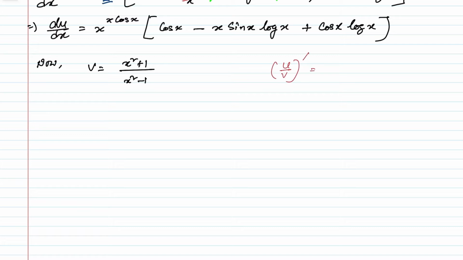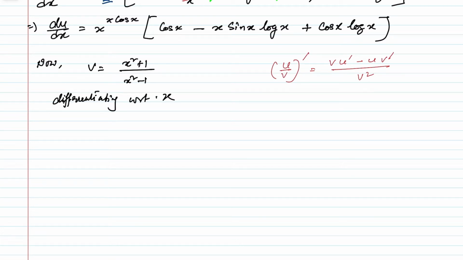Its derivative is given by denominator, derivative of the numerator, minus numerator, that is u, derivative of the denominator, by denominator square, that is v square. So we are going to apply this here. So differentiating with respect to x.